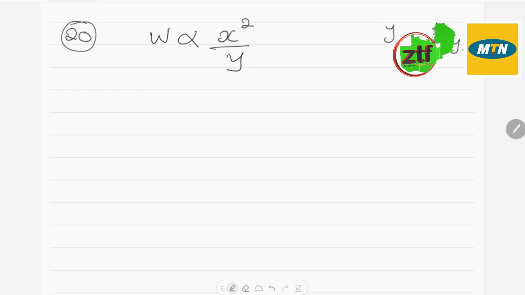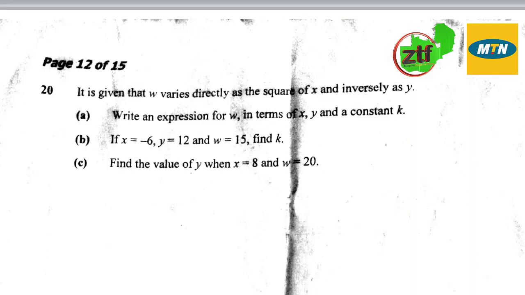Now, part A of question 20 asks us to write an expression for W in terms of x, y, and a constant of variation, which is k. When you introduce a constant of variation, the symbol of variation will change.